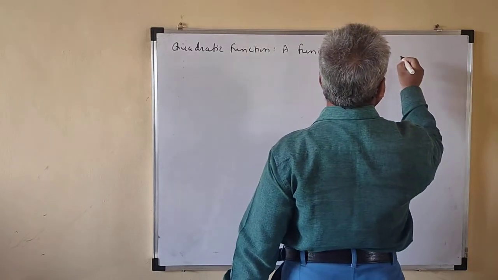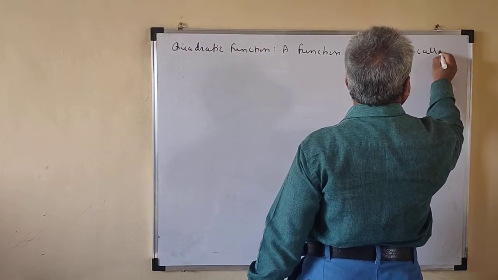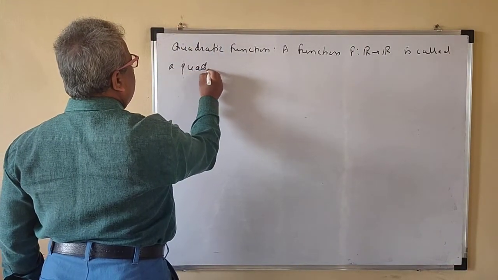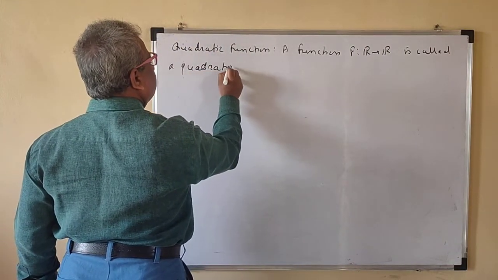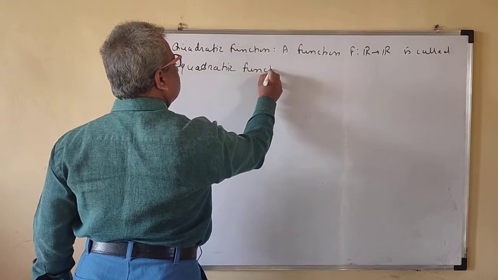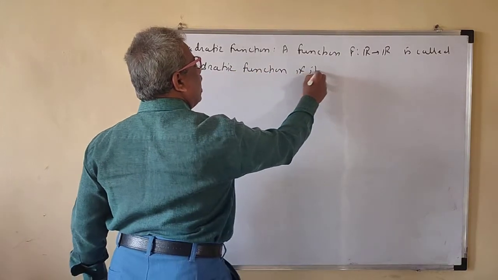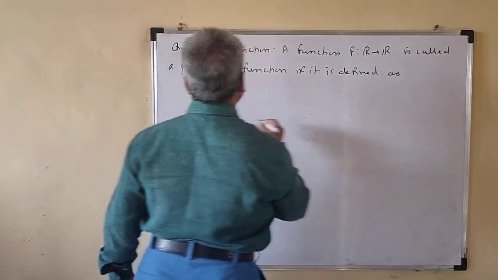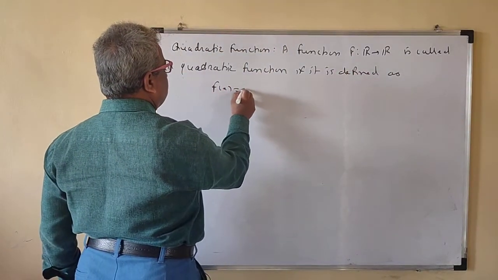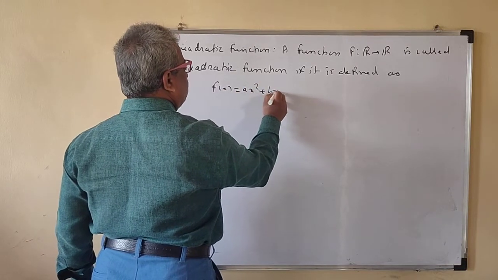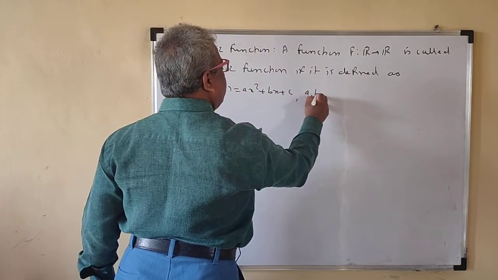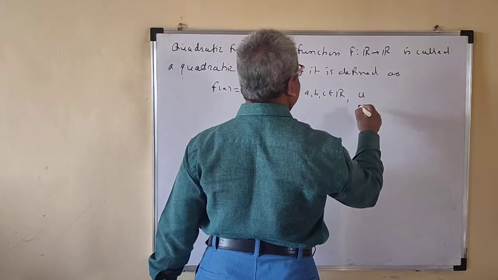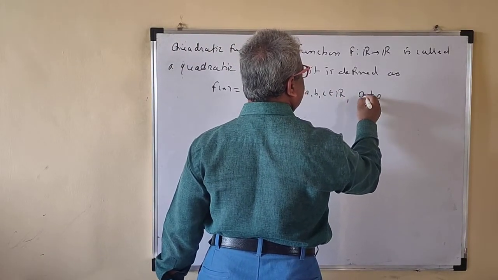A function f from R to R is called a quadratic function if it is defined as f of x is equal to ax square plus bx plus c, where a, b, c belong to R. They are real numbers, and your coefficient of x square is not equal to 0.